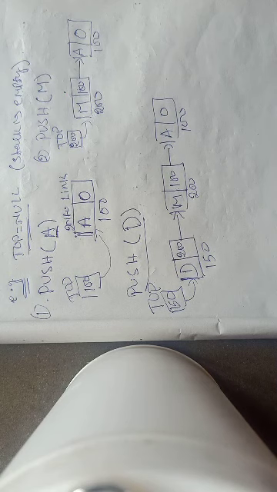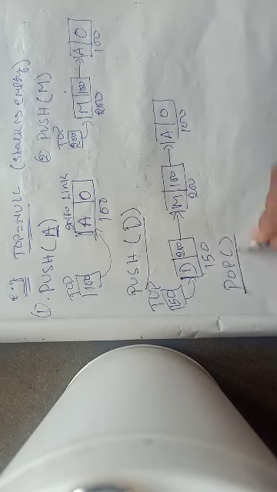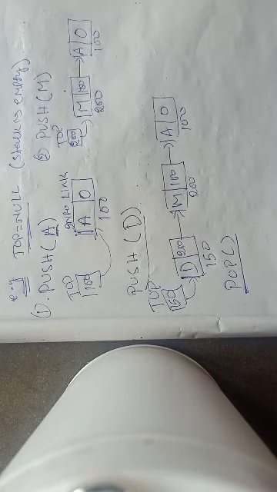Now after performing three push operations, let us assume we initiated a pop operation. When I initiate pop, I don't have to tell the data. Pop means remove. So which node will be removed?